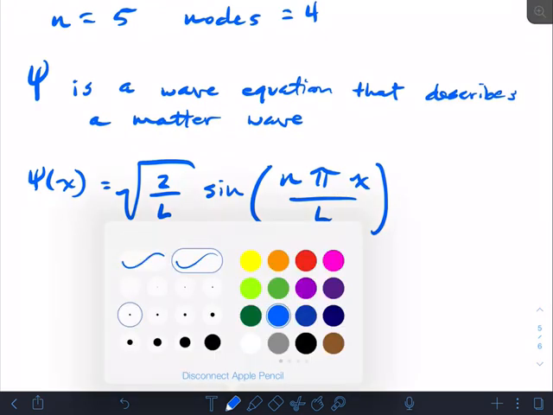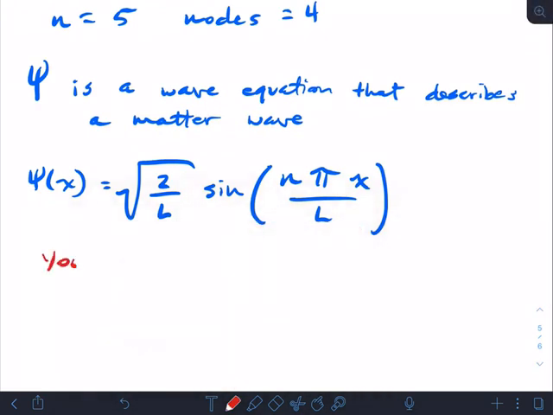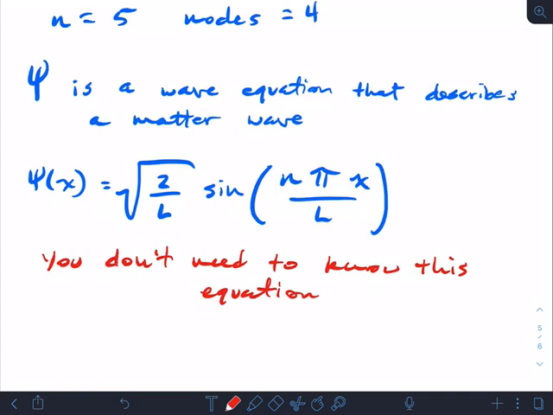Let me make something very clear: you don't need to know this. This is demonstration, describing how we get to a lot of this information. To find my location in the box, I use this wave equation with psi.